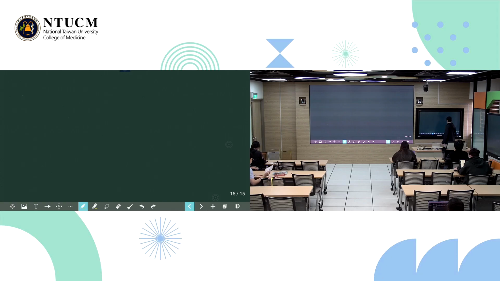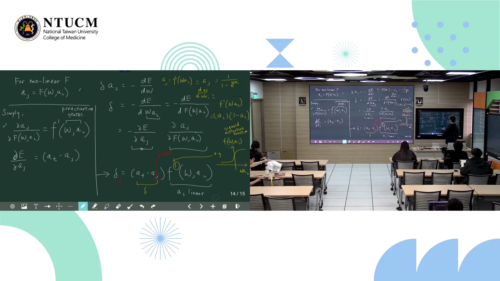But before that, just to highlight: we've shown that if we use the loss function as some quantity to do with delta, which is AT minus AJ, the network does gradient descent.